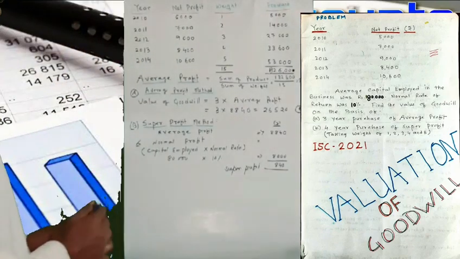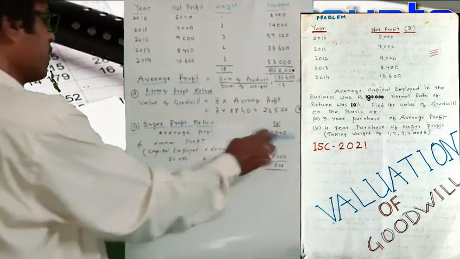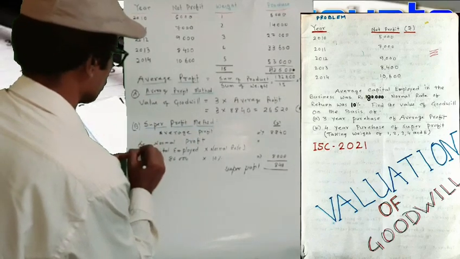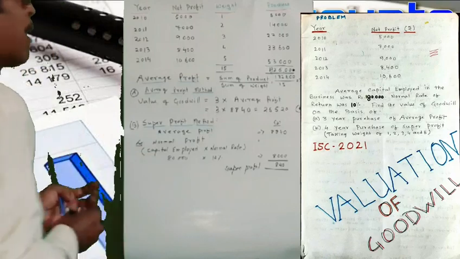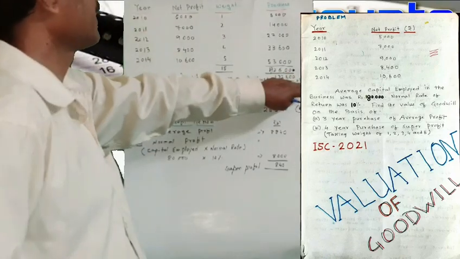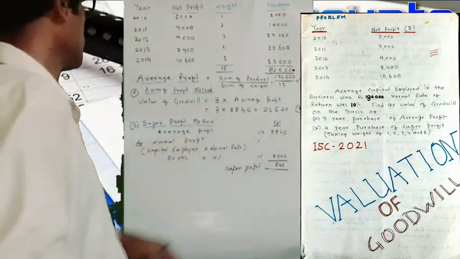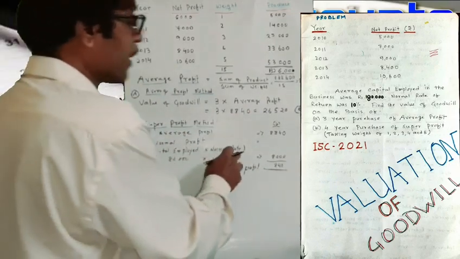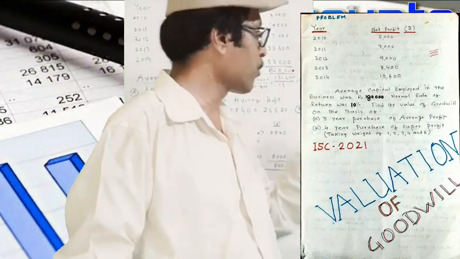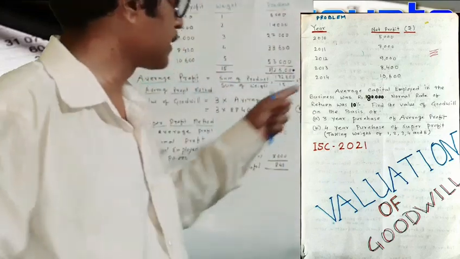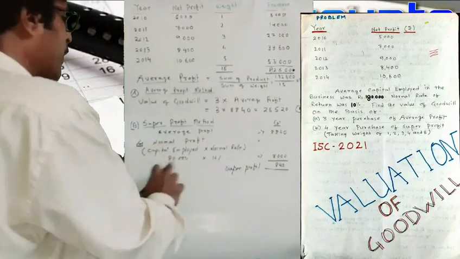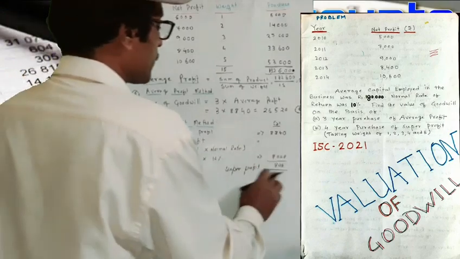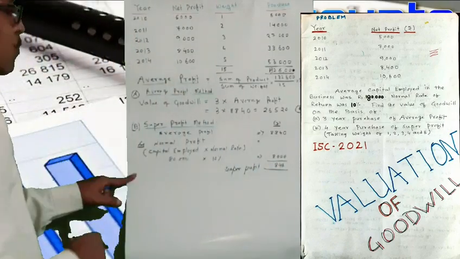So super profit is calculated as average profit less normal profit. Average profit calculated at the first stage is 8,840, less normal profit, which is capital employed into normal rate: 80,000 at 10% is 8,000. The difference is the super profit.